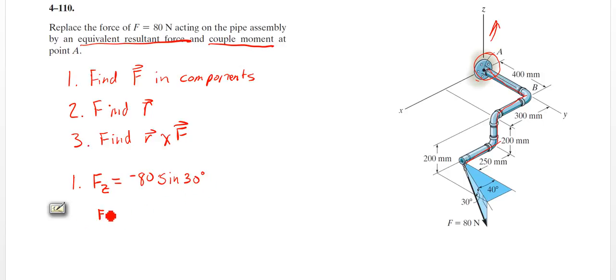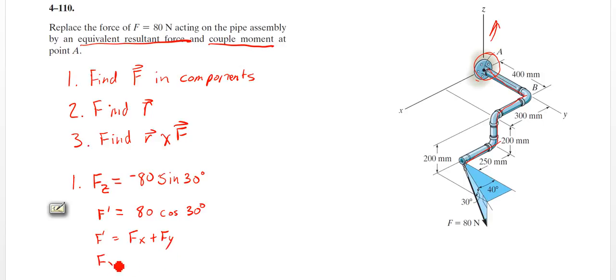Then we might also recall from chapter 2 that F prime is going to be 80 cosine of 30. So that's what's left here acting at this point. And F prime is going to be the x component plus the y component.